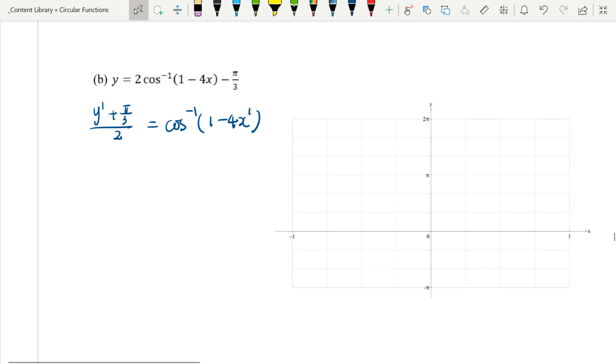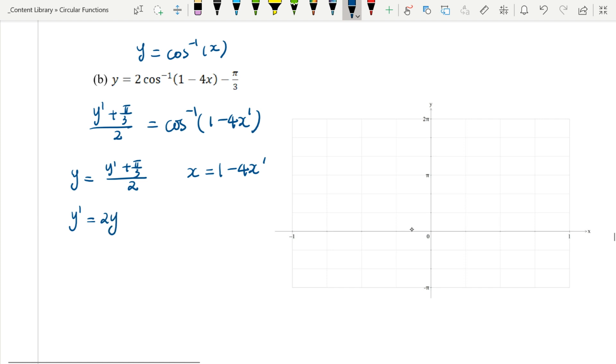Next step will be to equate y equals y dash plus pi over 3 divided by 2, and x equals 1 minus 4x dash, because the original graph is y equals cosine inverse x. So equate the left hand side, and equate the right hand side bracket, not including the cosine inverse, just whatever you put in the bracket. So what we will have is y dash equals 2y minus pi over 3 and 4x dash.